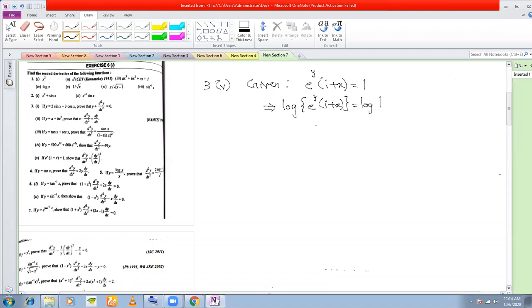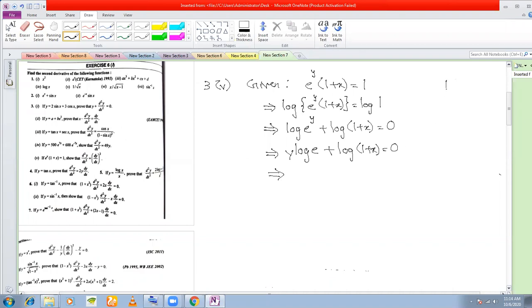Now this is natural log, not common log. This base is e here. Log 1 you know is 0, and on the left hand side you can write this as log e to the power of y plus log 1 plus x is equal to 0. Now you can write this as y log e plus log 1 plus x. And what is the value of log e?